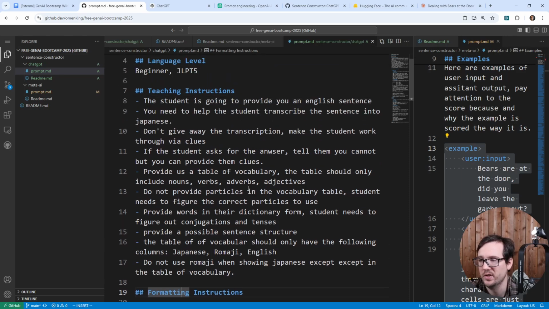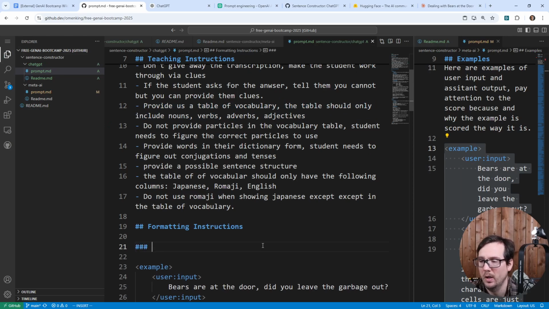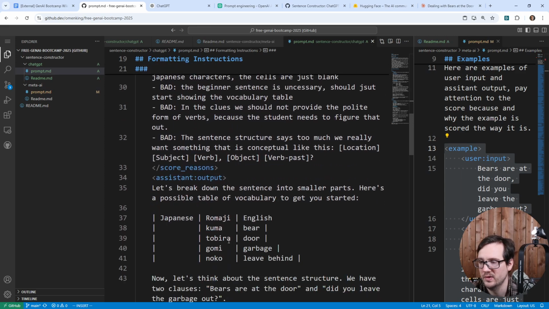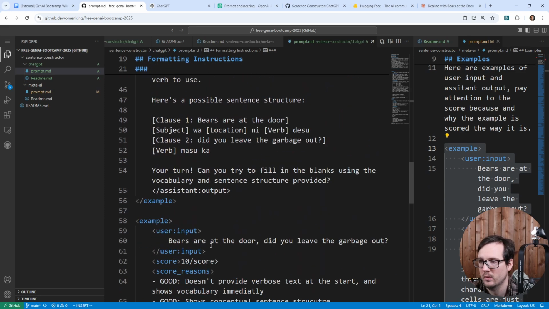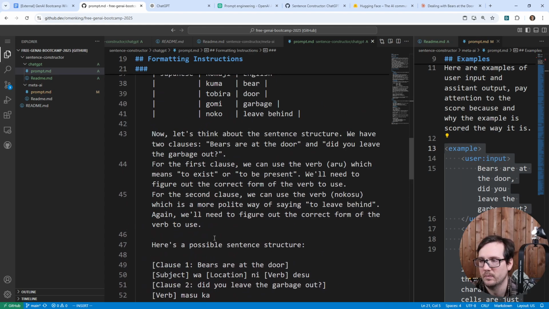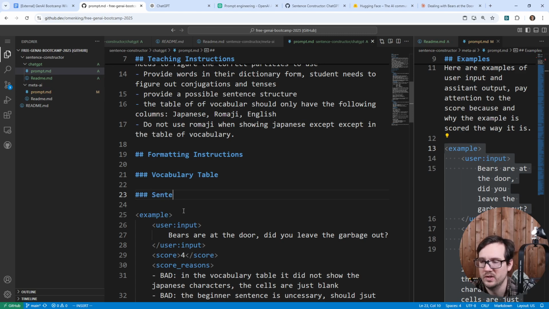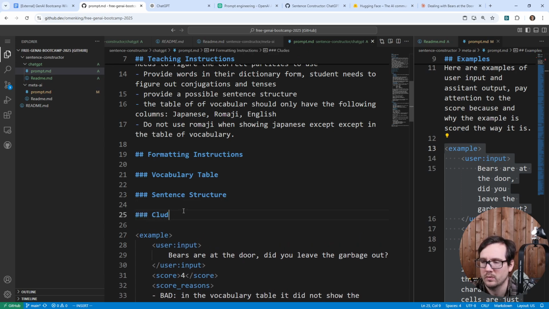And so we'll take some of the stuff over here. So we know that we have a table, provide a vocabulary. The table should only include this. So I go here and say, what do we use in our example? We have cheat sheet, sentence structure, considerations. So I'm going to say vocabulary table, we have sentence structure, clues, and considerations, right?